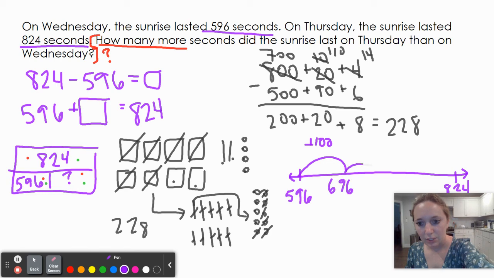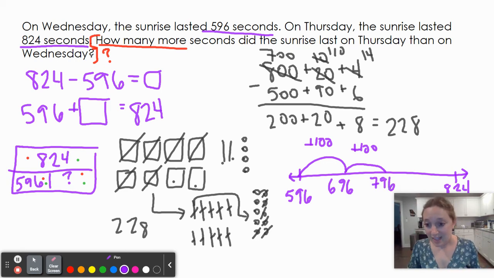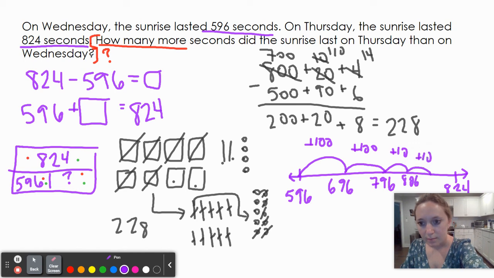If I add another 100, that's 796. Now, if I add another 100, that's 896, and that's too much. So now I'm going to start by adding 10. 796 plus 10 is 806. 806 plus 10 is 816. 816 plus 10 is 826, which again is too much.